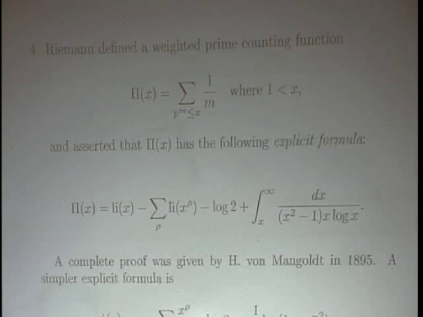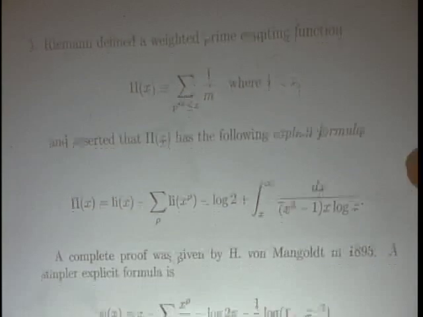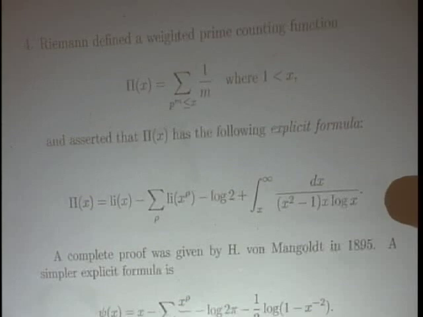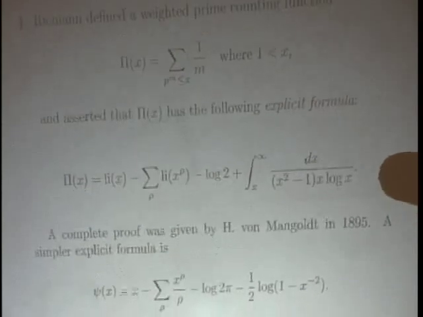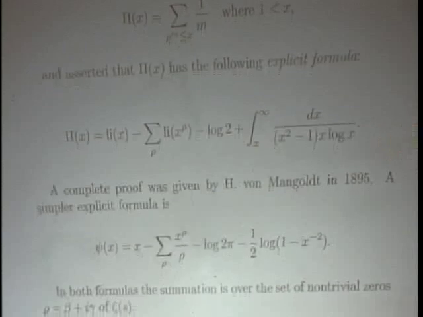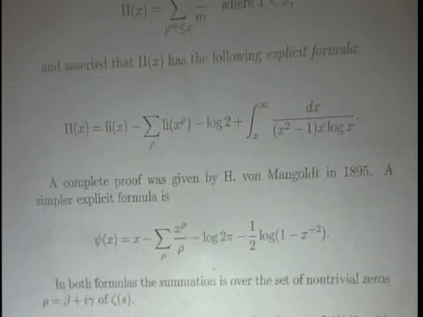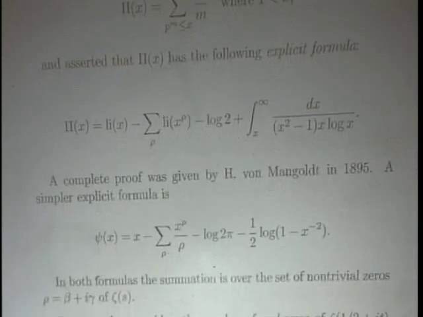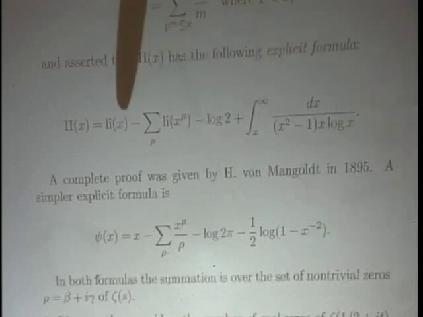You can do this with little pi of x too, but the formulas become very complicated, and it's better to use a weighted function. What Riemann discovered was this astonishing formula. The number of primes up to x, counted in this weighted fashion, is given by Gauss's logarithmic integral function, which comes up for a very natural reason that Gauss could not conceivably have imagined.